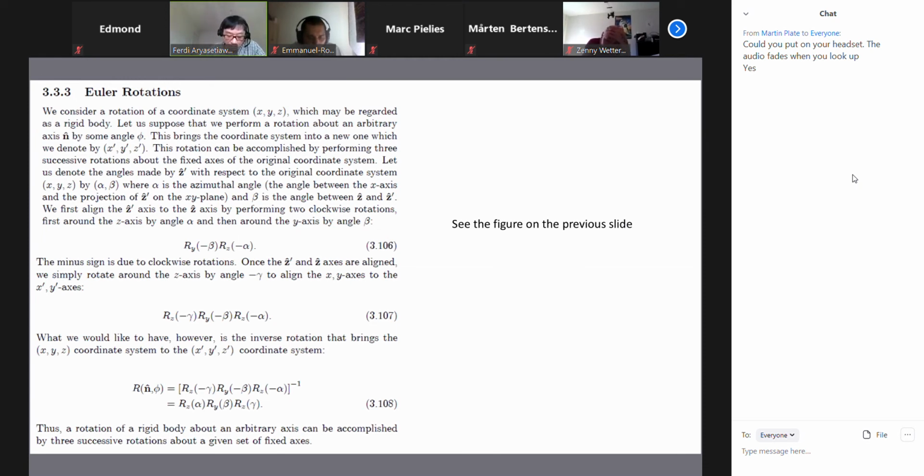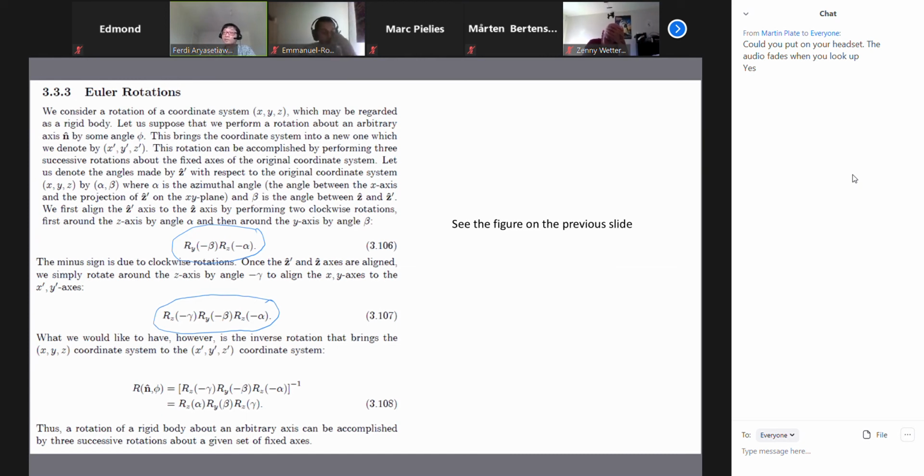So we have these first two rotations by minus alpha and then by minus beta, and then by some angle minus gamma. See? These three successive rotations return the primed axis to the original axis.